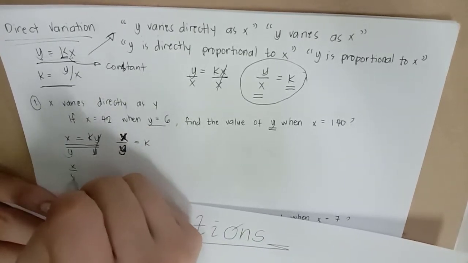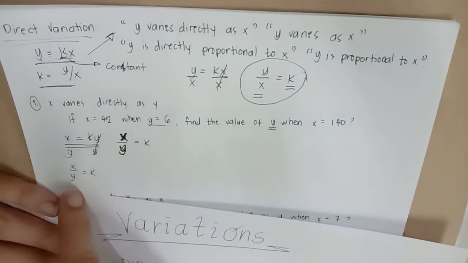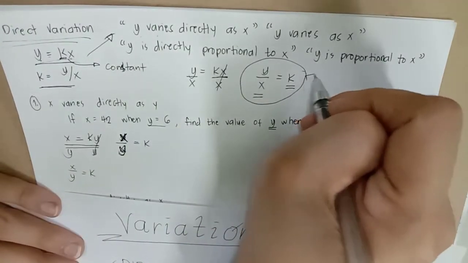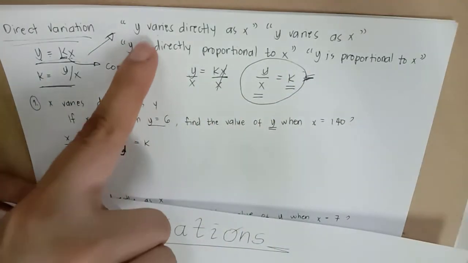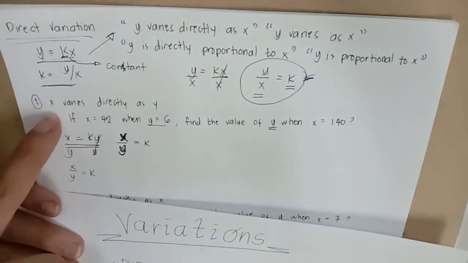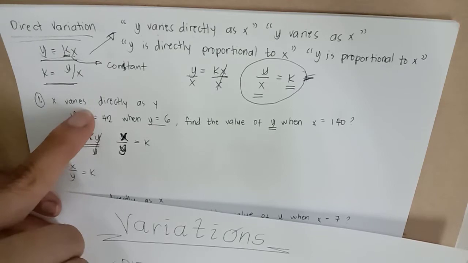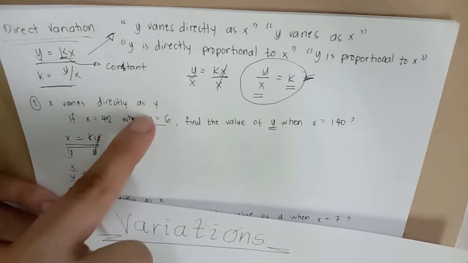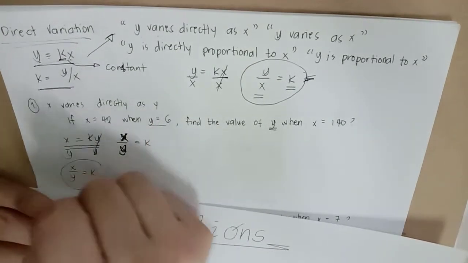So x over y equals k. We will not use y over x, because that was for y varies directly as x. Our example is x varies directly as y. So this is what we will use.